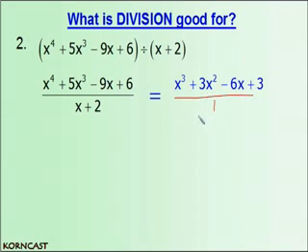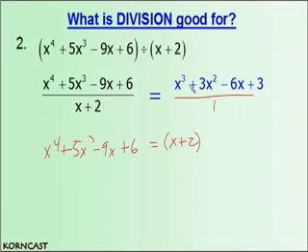How do we solve? Well, we can do our cross multiplication process. So 4x squared plus 5x minus 9x plus 6 times 1 is just that. Is equal to, well, x plus 2 times the quantity x cubed plus 3x squared minus 6x plus 3.